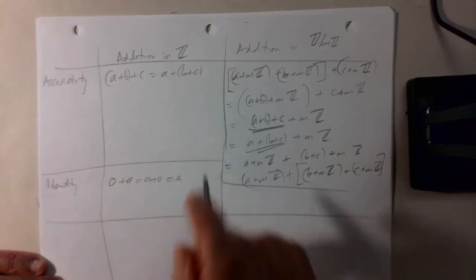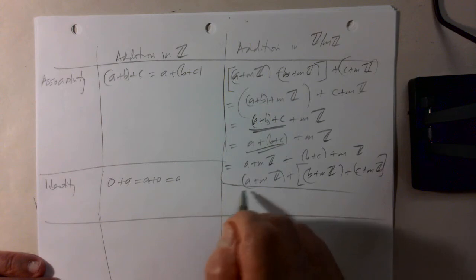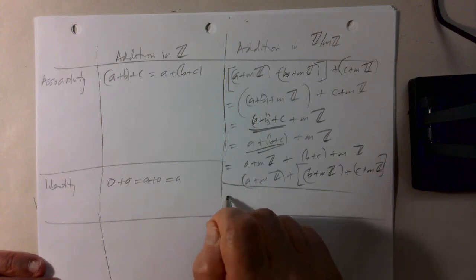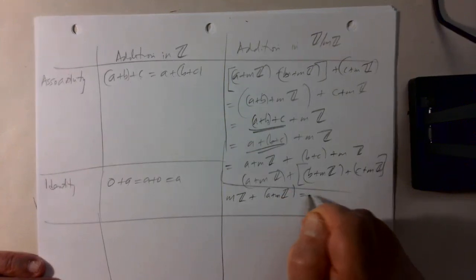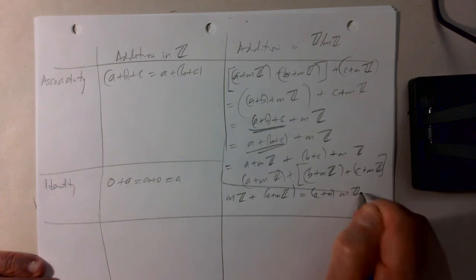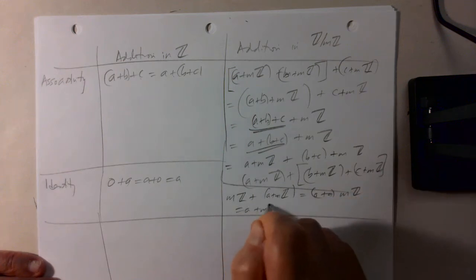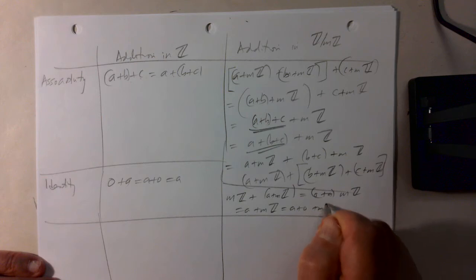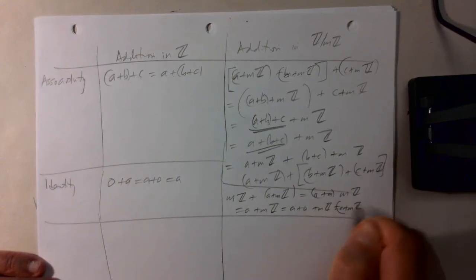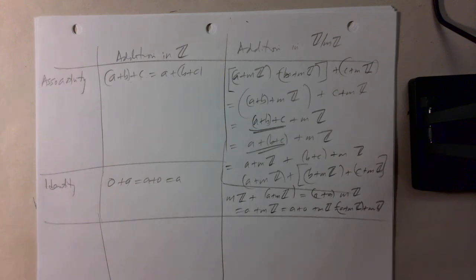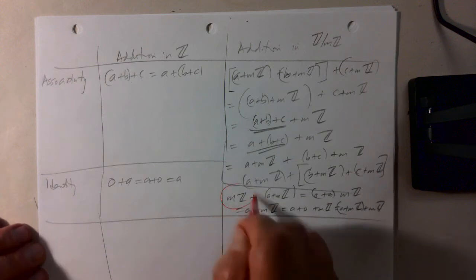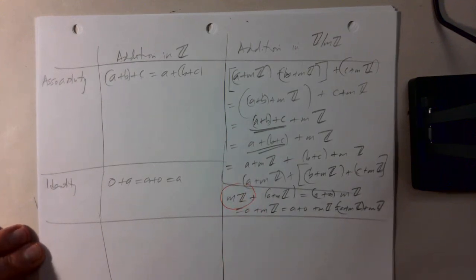In the congruence classes, for any congruence class a plus mZ, mZ plus a plus mZ, which is the same as 0 plus a plus mZ, is a plus mZ, which is a plus 0 plus mZ, which is a plus mZ plus mZ. So in this finite set of congruence classes, the congruence class mZ is the additive identity, just the way the integer 0 is the additive identity.